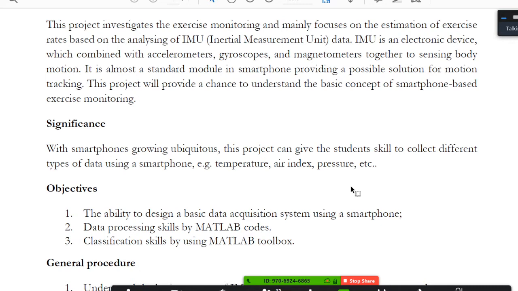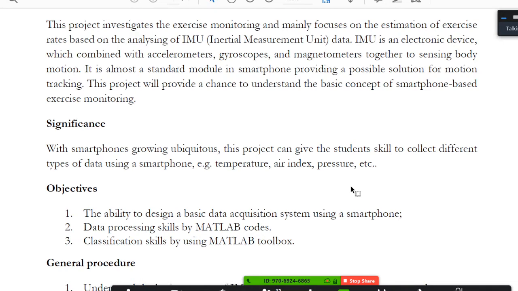So in that case, we estimate the energy you spend, and the first thing is to estimate the rate of your exercise. For this one, later I will show you how to connect the hardware, how to connect the iPhone, and I will explain how to estimate the rate.